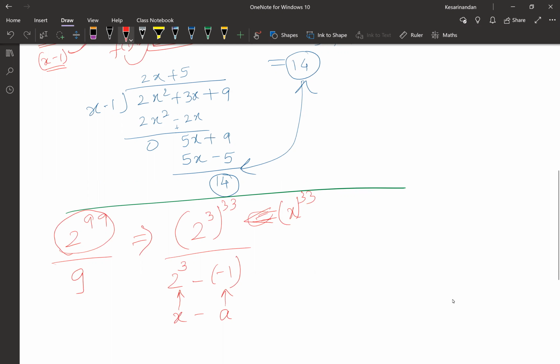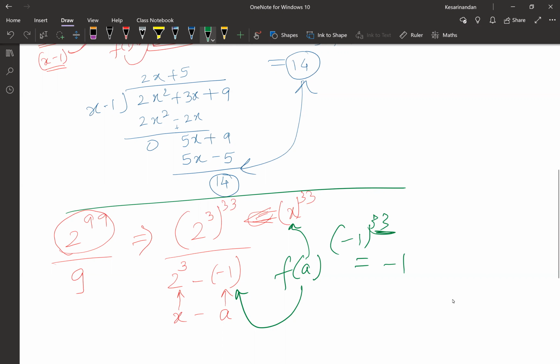I put x equal to a, and a we have -1. So -1 to the power 33 gives -1. Perfect. Yes, you are correct. The remainder would be f of a. A here is -1. So put -1 raised to 33, which, since it is an odd power, will give the answer as -1.